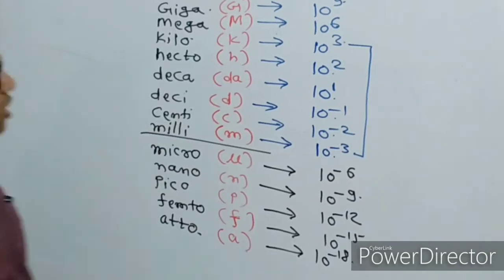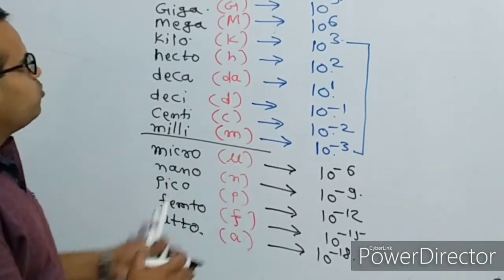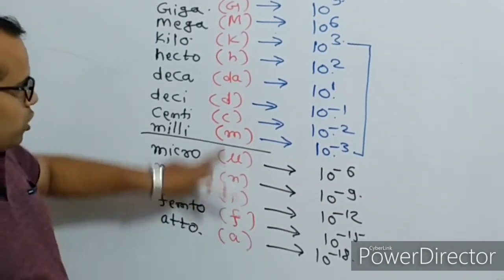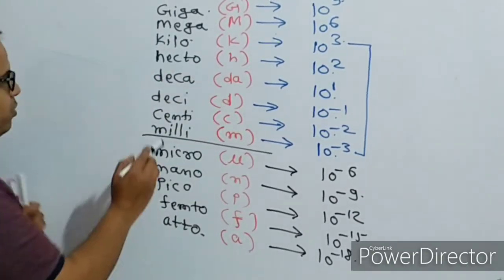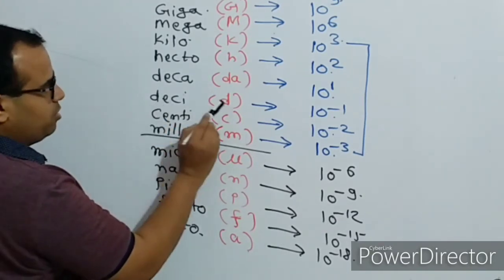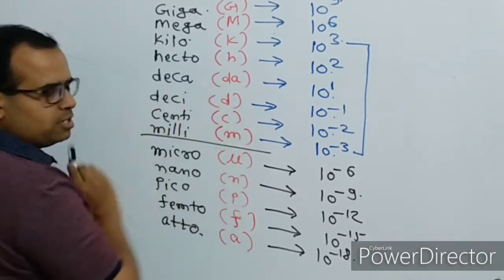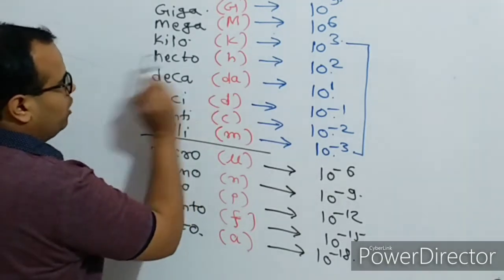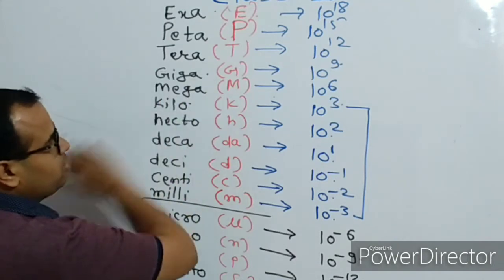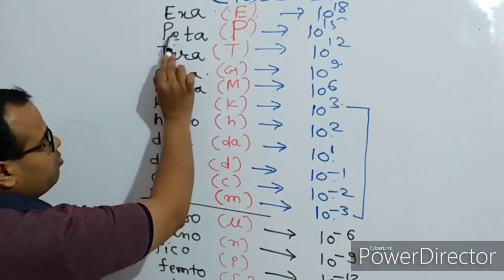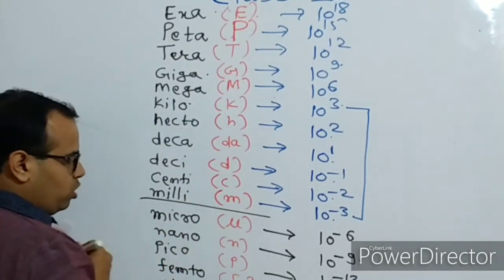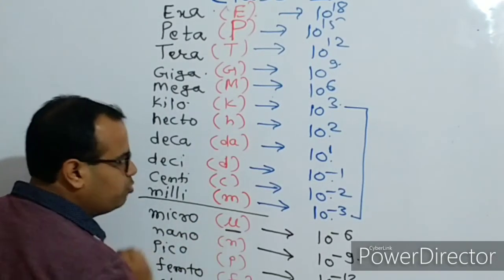So like this, the prefixes and their corresponding powers of 10 are used here, and these are the notations. Okay, milli is denoted by small m, centi by small c, deci by small d, deca by da, hecto by small h, kilo by small k, mega capital M, giga capital G, tera capital T, peta capital P, exa capital E. Micro is denoted by this symbol, which is called mu.